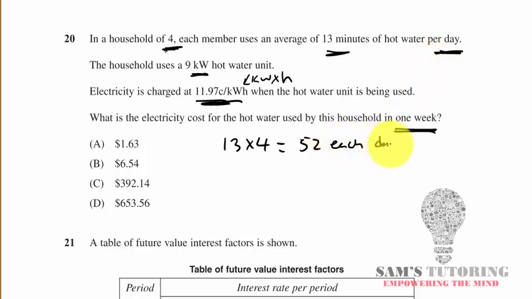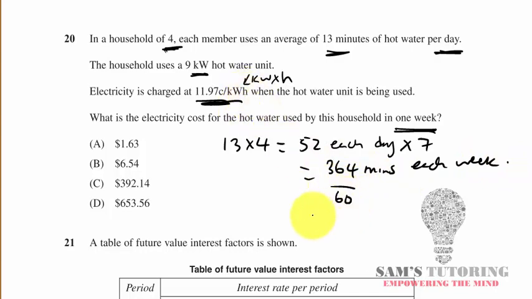Times 7 gives you 364 minutes each week. But I can't use minutes, this needs to be hours, so I've got to divide that by 60. And I get 6.066 hours in a week.